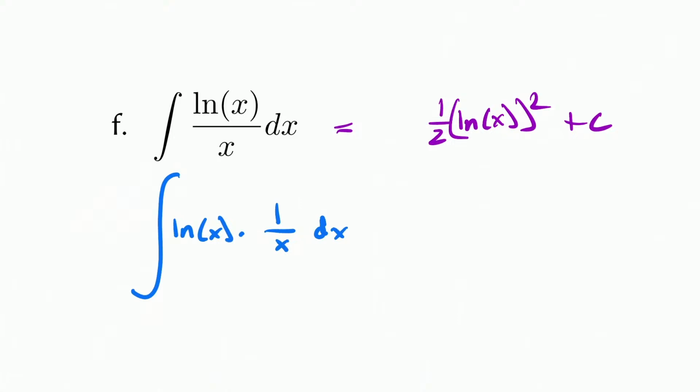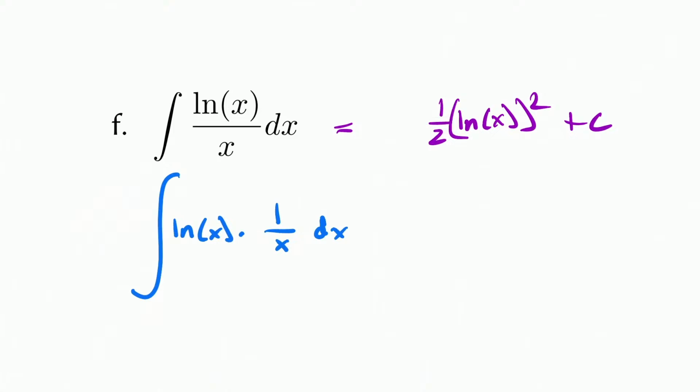Here's what I did though. The first thing is, is there a product that I can exploit using integration by parts? If there's a product, use integration by parts. Second thing that I look for is, can I use substitution? Now, that might be your first move, which is fine. Substitution is the reverse of the chain rule.